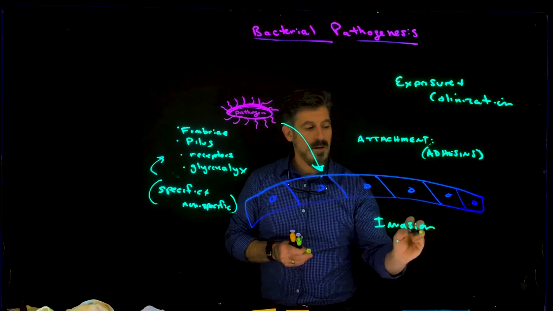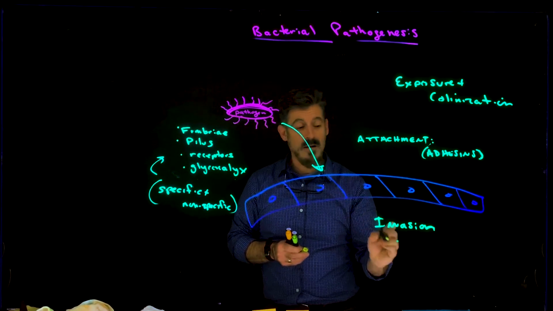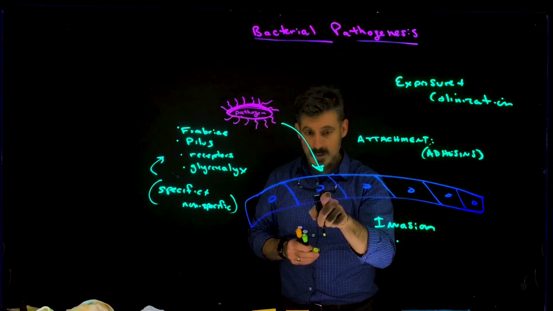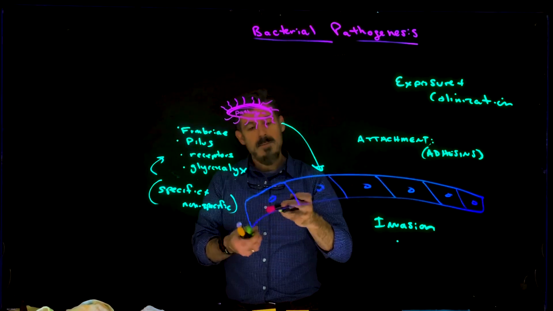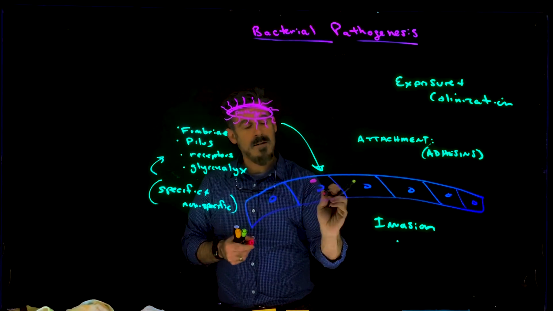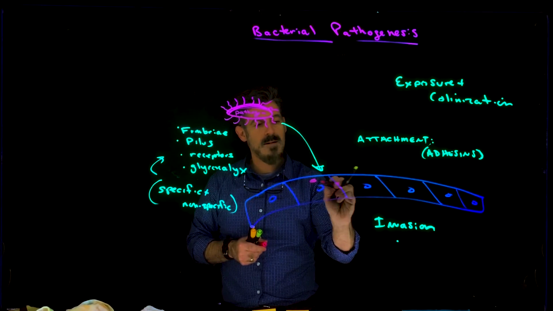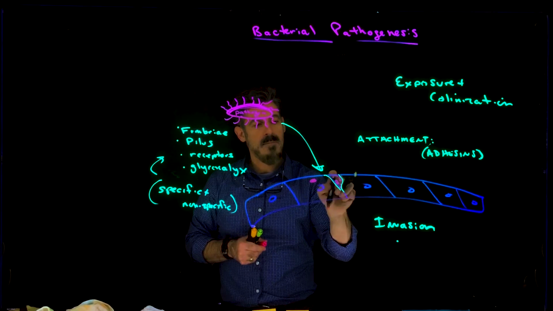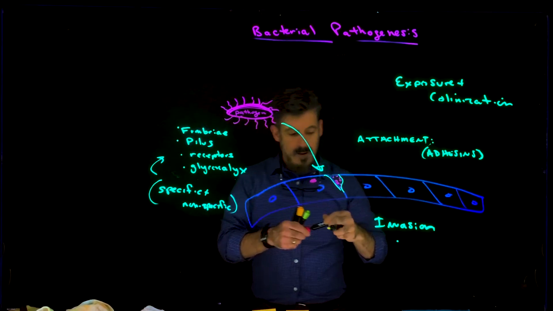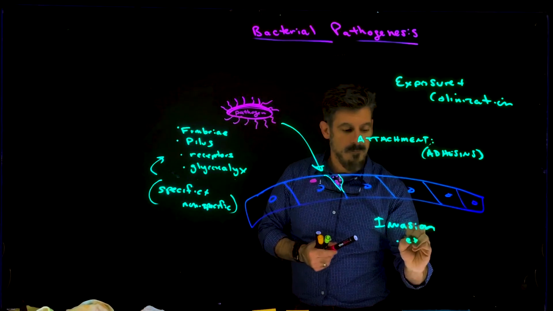So invasion of the tissue or a cell, whether it's an individual cell being infected by the bacteria, so the bacteria getting into the cell, or getting between cells, and the cells being damaged in this way. We're going to have release of enzymes.